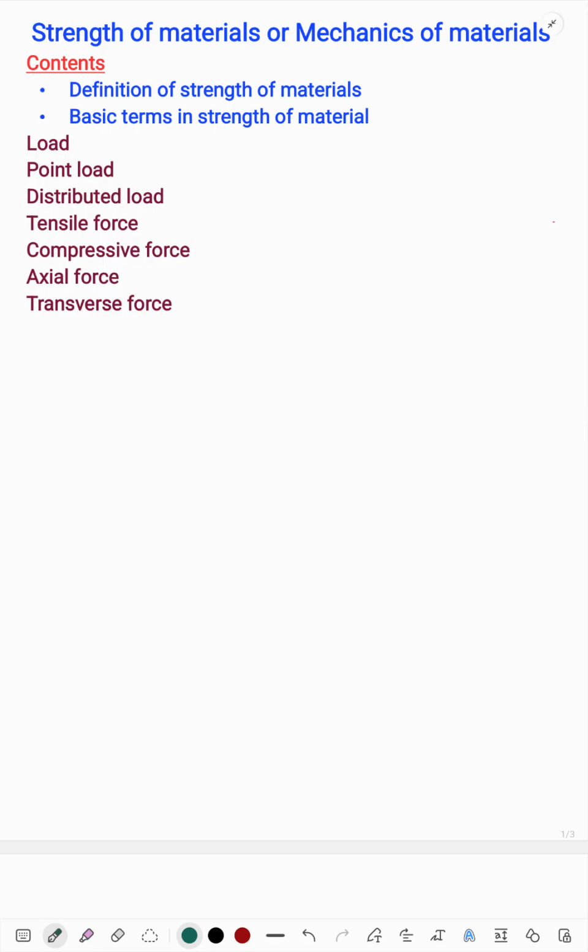Now we start with the definition of strength of materials. So what is strength of materials or mechanics of materials?